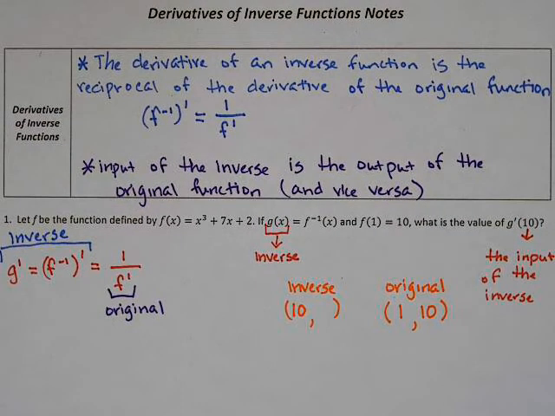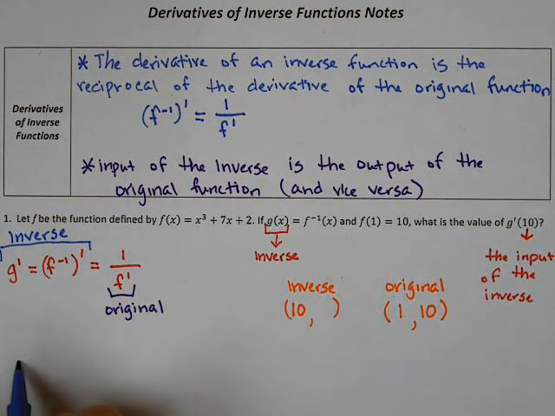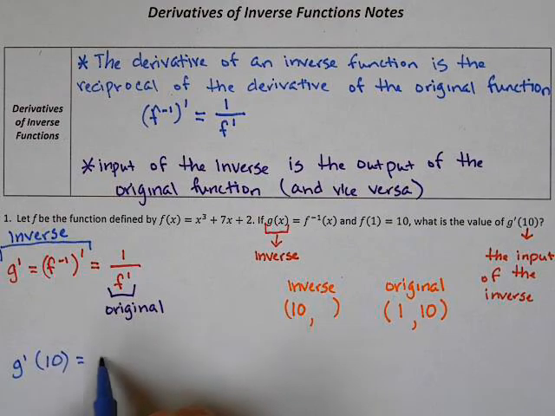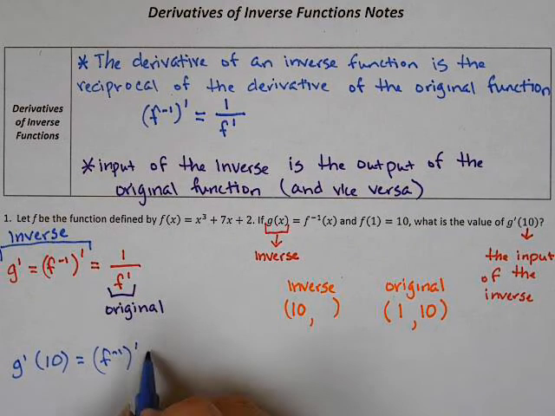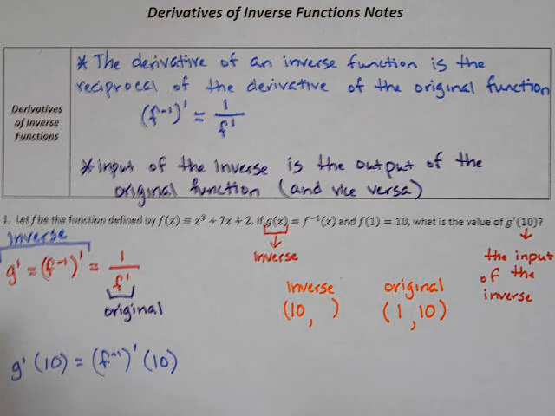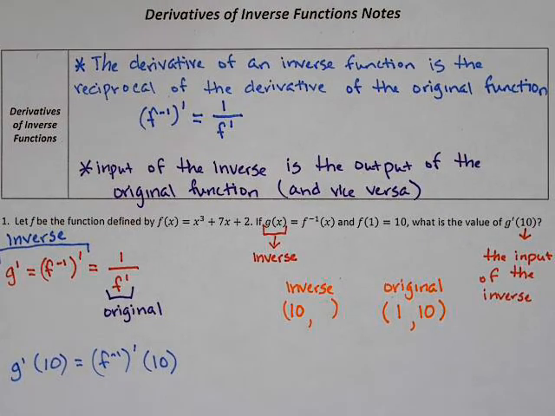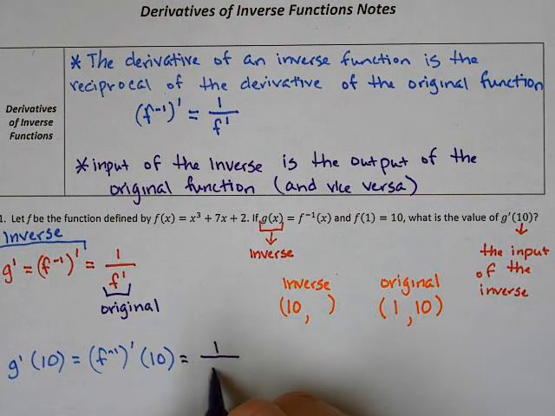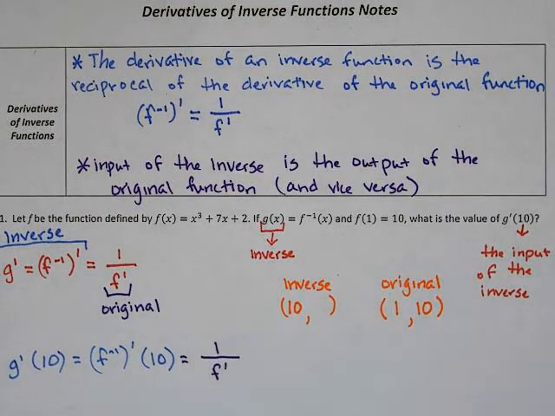So next, let's look at what actually happens here when we start to plug things in. So g prime of 10 is going to equal the derivative of the inverse of 10. So that's all part of my inverse. And then that's going to equal the reciprocal of the derivative of the original function.